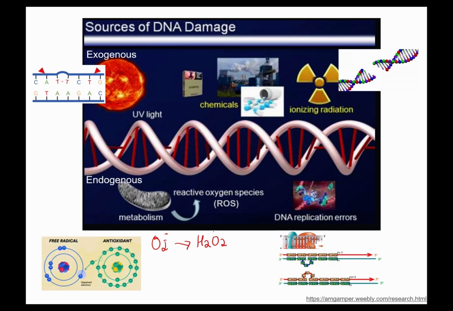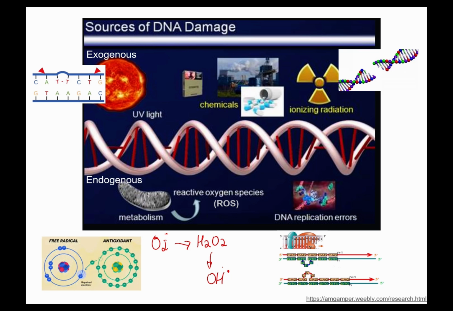It's still considered an ROS, but it's not a toxic ROS because it in itself can't do very much damage. However, the most common reaction that happens with H2O2 is it can produce a hydroxyl radical. That is the most potent radical, hydroxyl radical. So these are highly reactive.